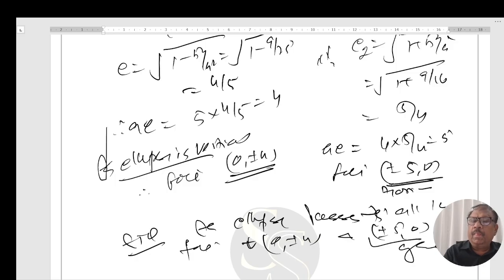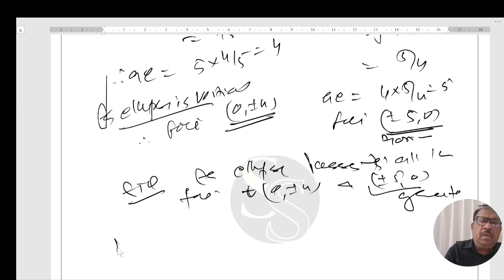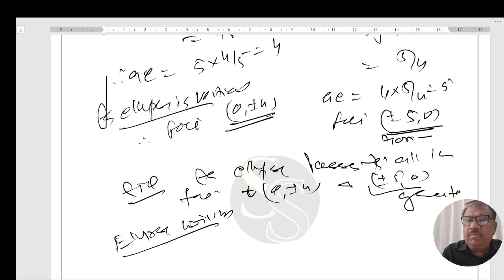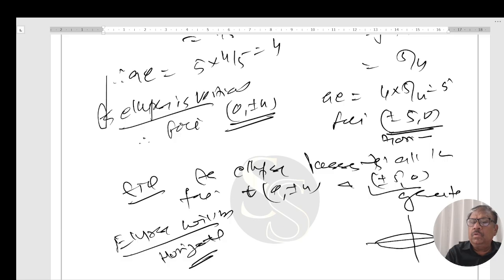So the ellipse will be horizontal, passing through 5, 0, minus 5, 0, 0, 4, 0, minus 4.